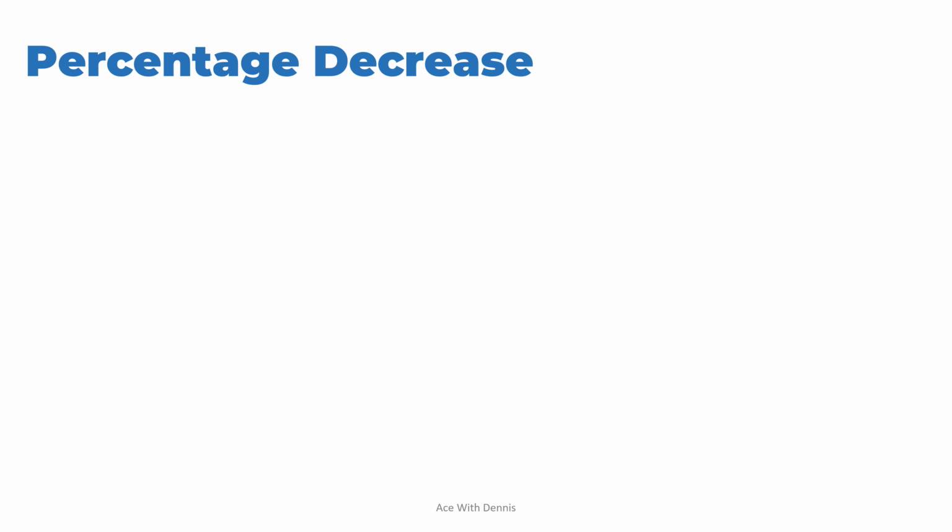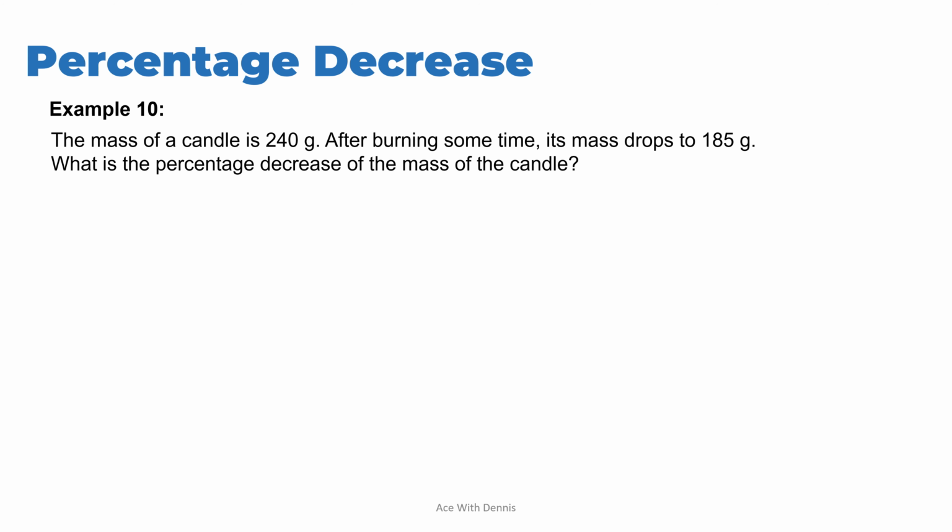Right, after understanding the concept of percentage decrease, let's look at example 10. The mass of a candle is 240 grams. After burning for some time, its mass drops to 185 grams. What is the percentage decrease of the mass of the candle? Here's the solution.